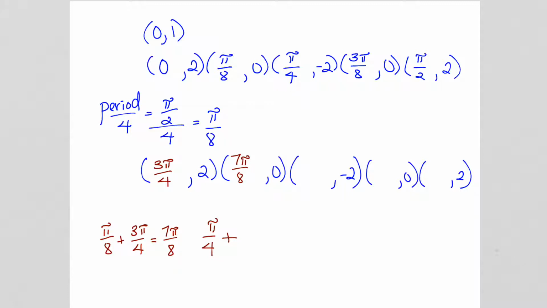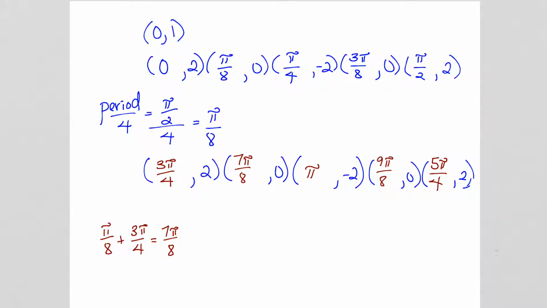Okay, so what we've got actually is we're adding pi over 8 to each previous one. So we added pi over 8 to 3 pi over 4 to get here. And then 7 pi over 8 plus pi over 8 gets us there, pi. Then pi plus pi over 8 is 9 pi over 8. And 9 pi over 8 plus pi over 8 is reduced 5 pi over 4. Now we've got our 5 key points, and we can graph.